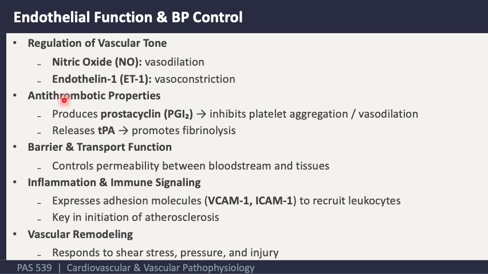Different things can affect it, like nitric oxide can cause it to vasodilate, allowing for more blood flow to a particular area. And then the endothelium can also cause it to constrict when you're trying to prevent blood flow from going to a distal area.